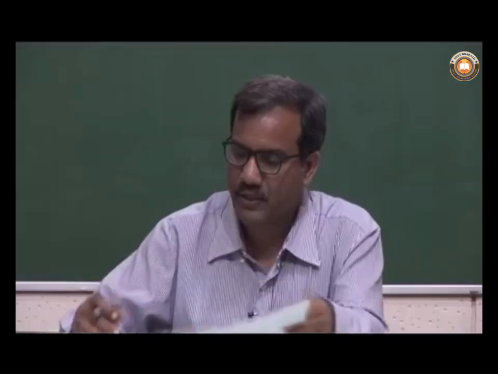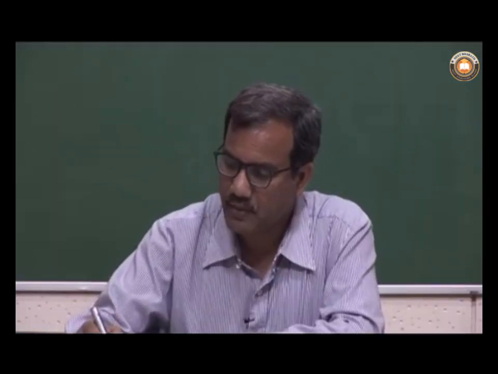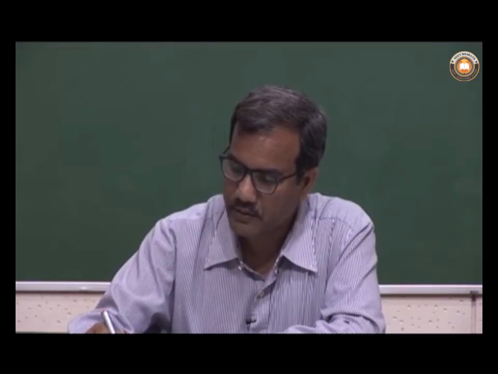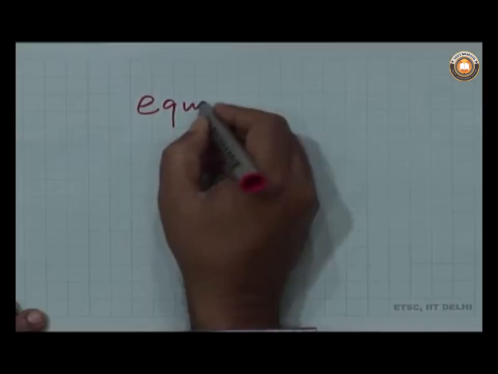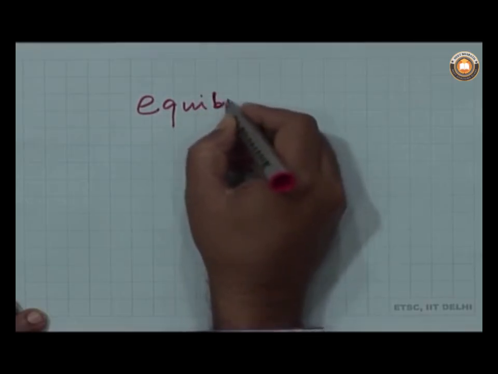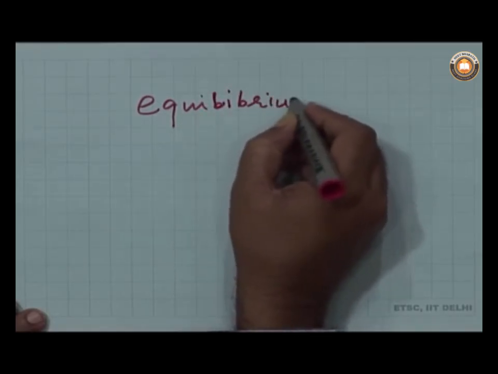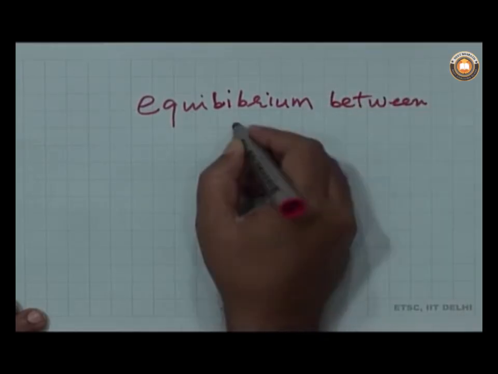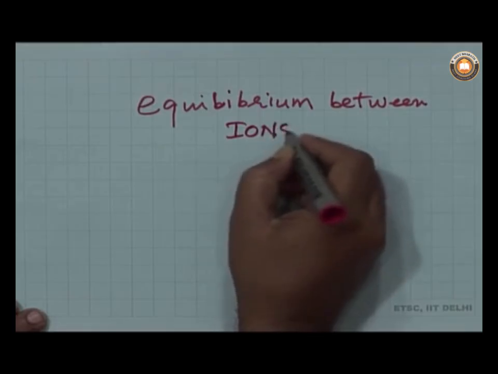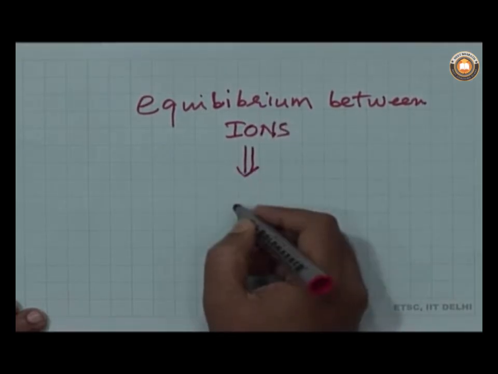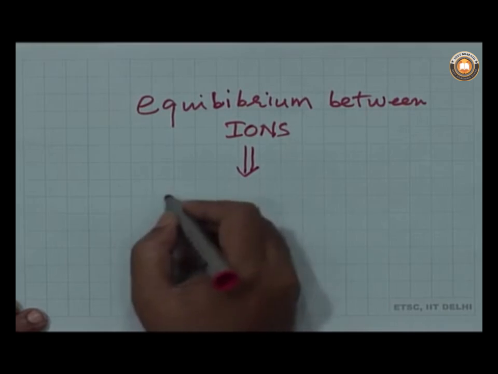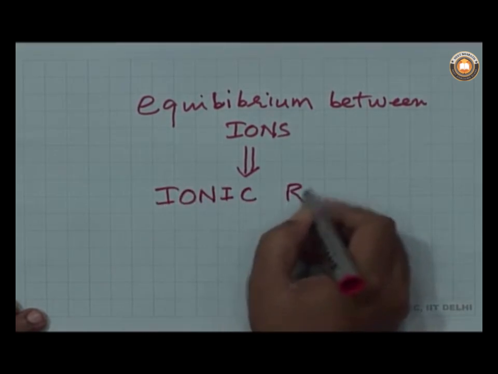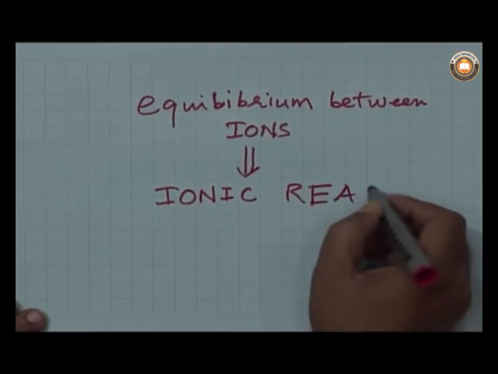As the name suggests, ionic equilibrium is basically equilibrium between ions, and certainly this can only be achieved when there is an ionic reaction.